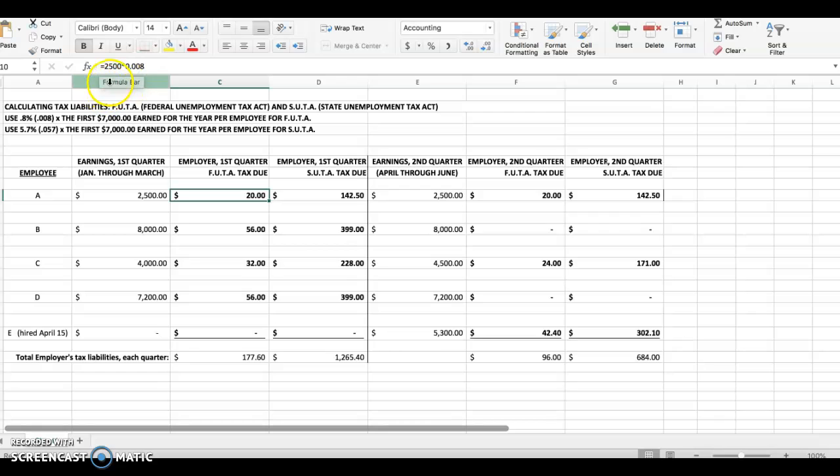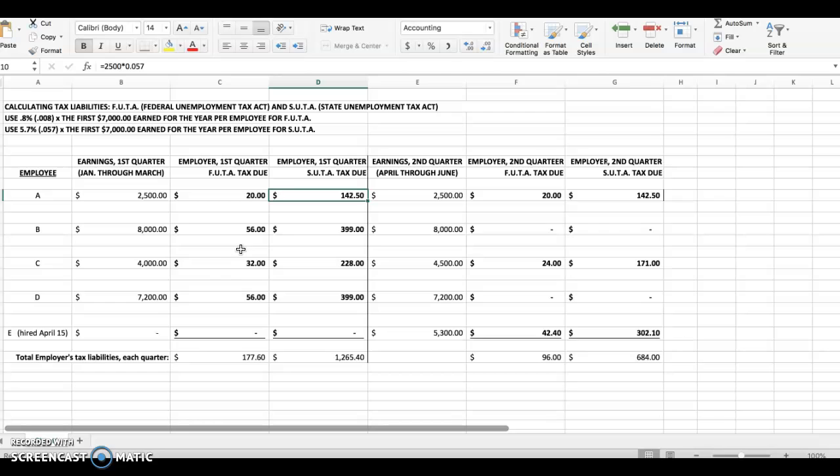The formula is figured by putting the equal sign, the amount of money, $2,500, the times sign, and then 0.008. If you plug in that formula, it will show $20. So you can figure that way on the Excel spreadsheet, or you can do it on your calculator. And the state unemployment tax is the same kind of formula: equal sign, 2,500 times 0.057. The percentage is different, so that gives us $142.50.